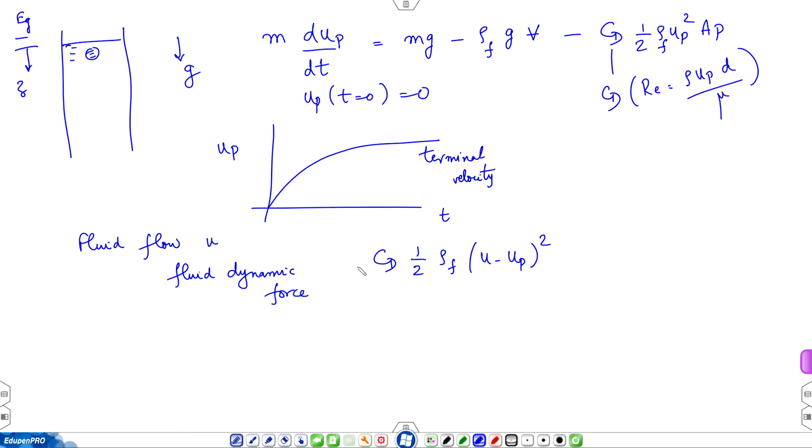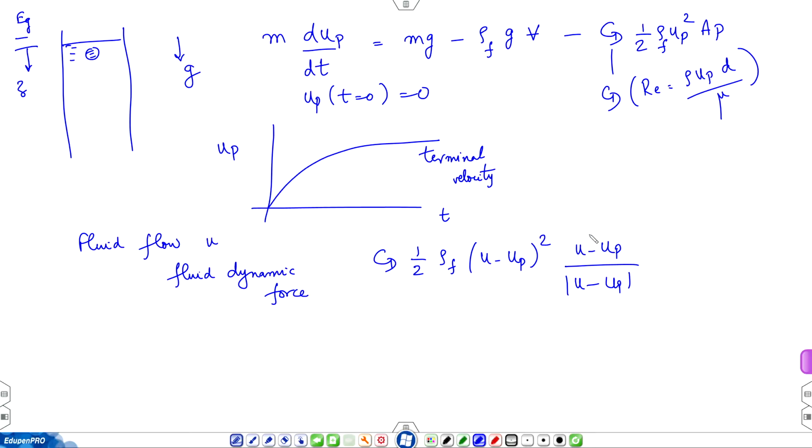But if fluid velocity is higher than particle velocity, it will try to push the particle. So, that sign will come. Symbolically, we write it as u minus u p divided by the modulus of u minus u p. Okay. So, if u is 0, it will automatically produce a negative sign.